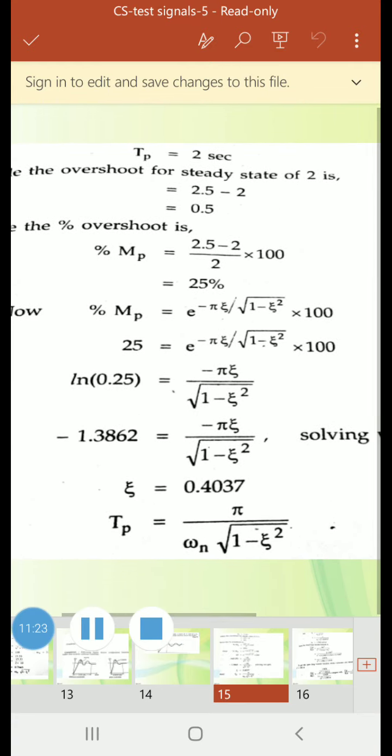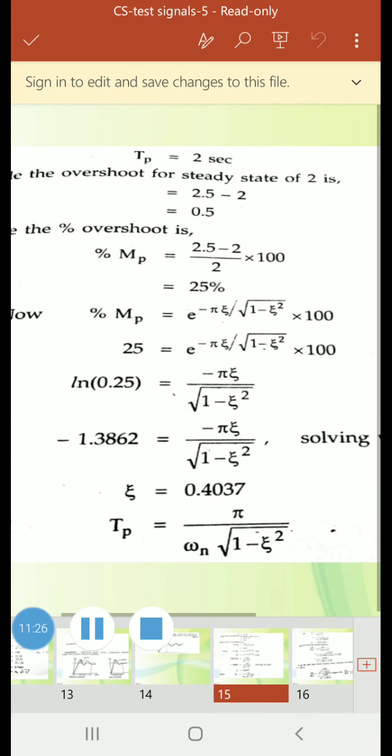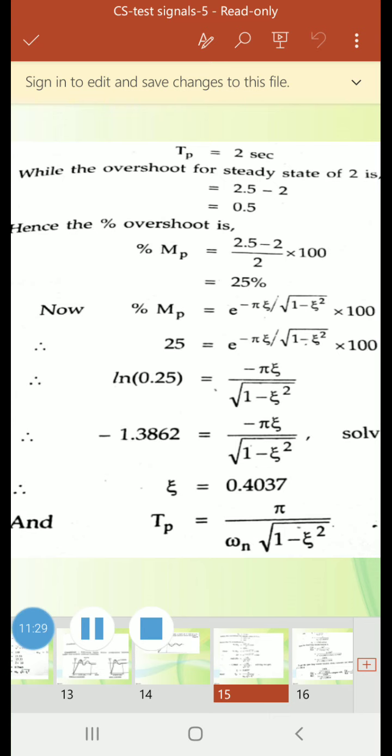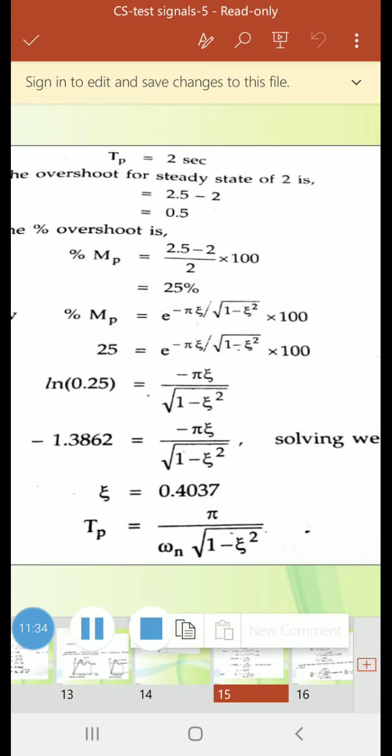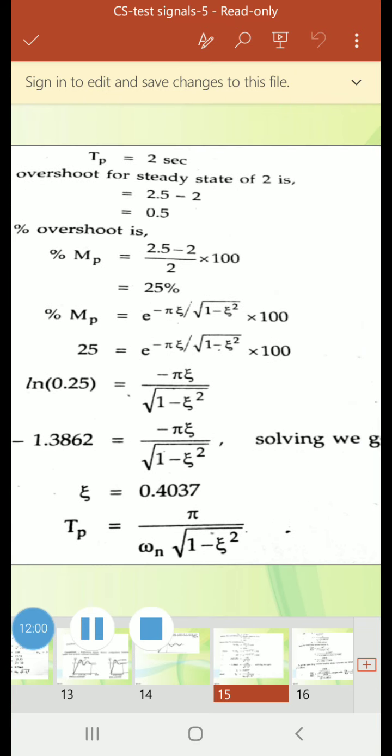Due to that, for percentage MP, what is the formula? Percentage MP is e raised to minus pi damping ratio by root of 1 minus damping ratio square into 100. So 25 is equal to that.